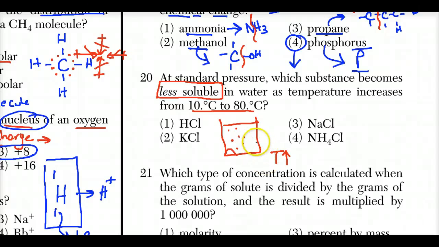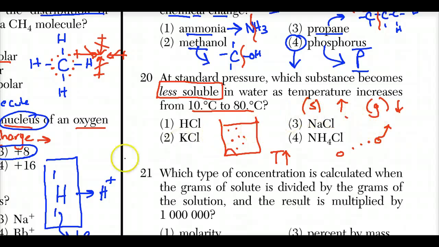But this question is saying, which substance becomes less soluble in water as temperature increases? We know that solids' solubility increases as temperature increases, and we should know that gases decrease, because gases already have weak attractive forces. If you give them more energy as temperature increases, they'll have even more energy to overcome these weak attractive forces and leave the solution.